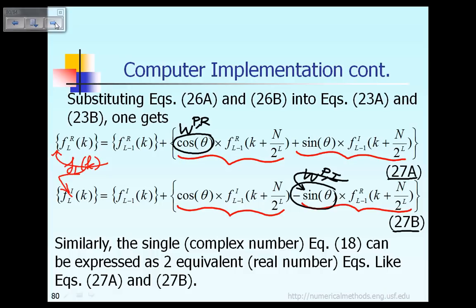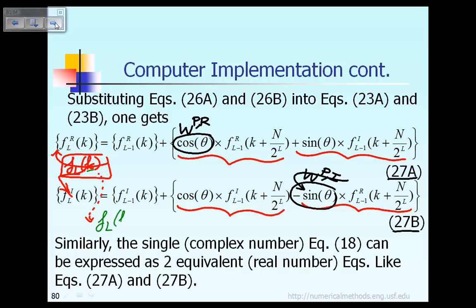Similarly, corresponding to the formula to calculate FL sub k, we also have another formula that helps you calculate the companion node. What is the companion node at the vector L level? What is the companion node of k?